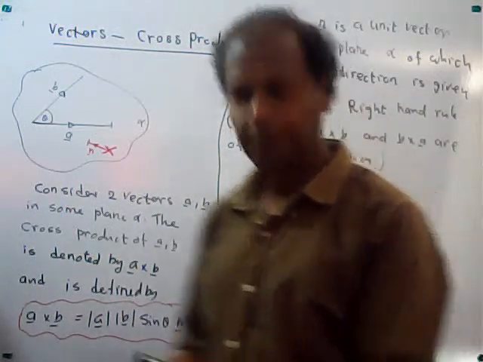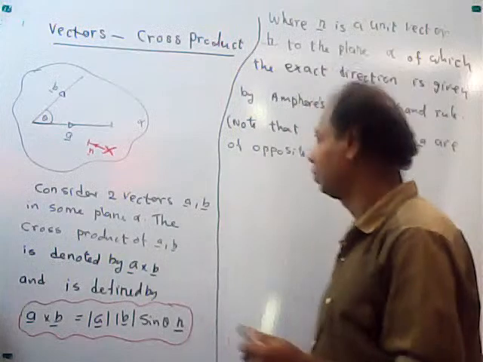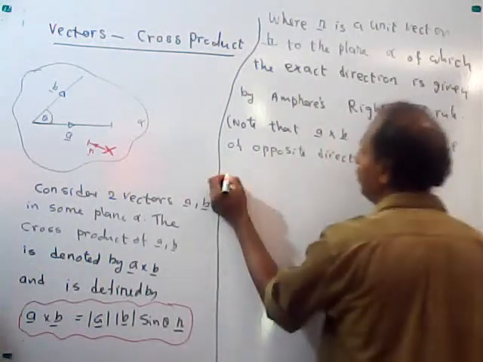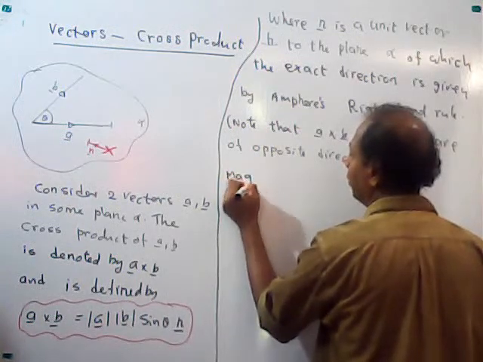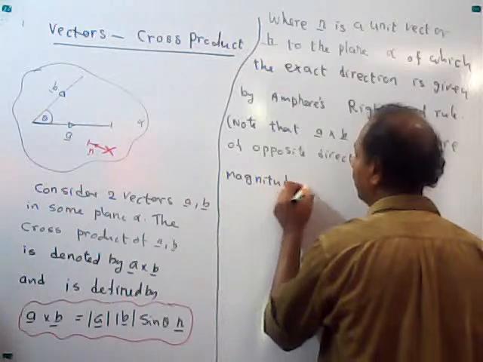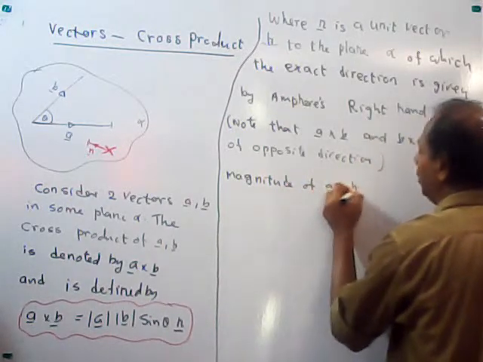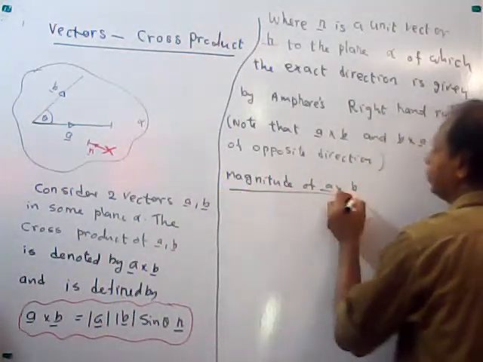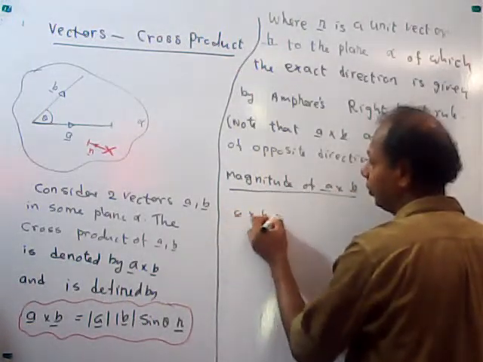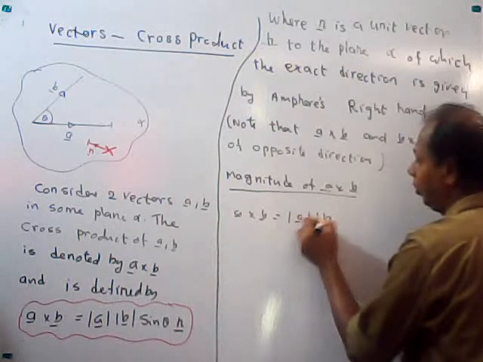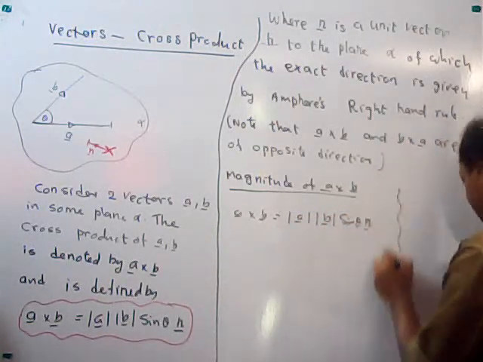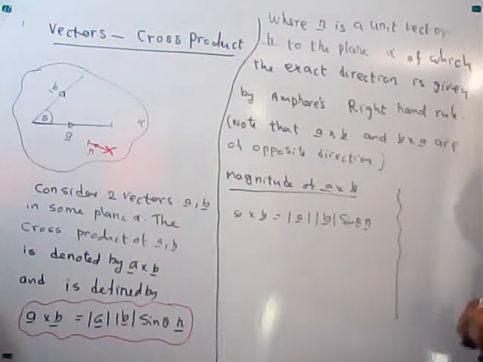Now, magnitude and direction. So A cross B is equal to mod of A mod of B sin theta into n.